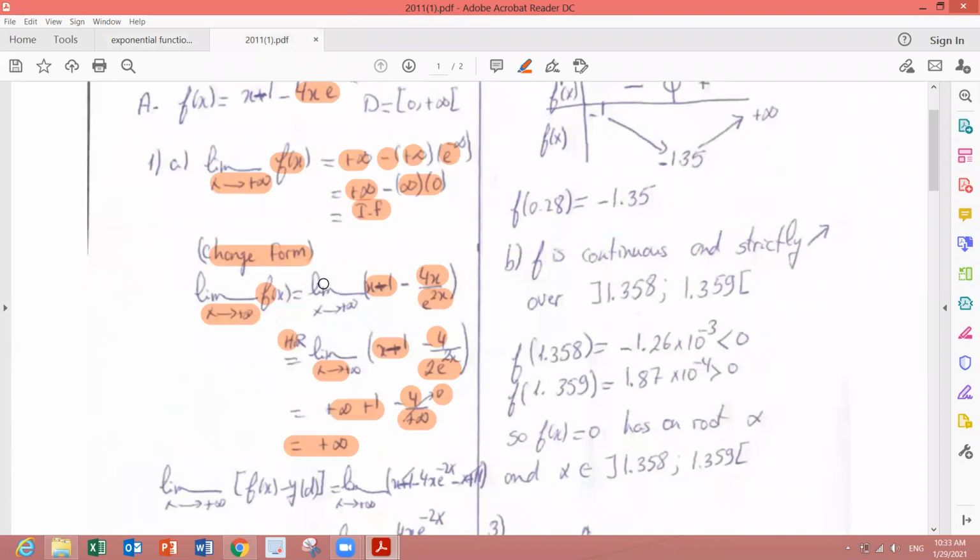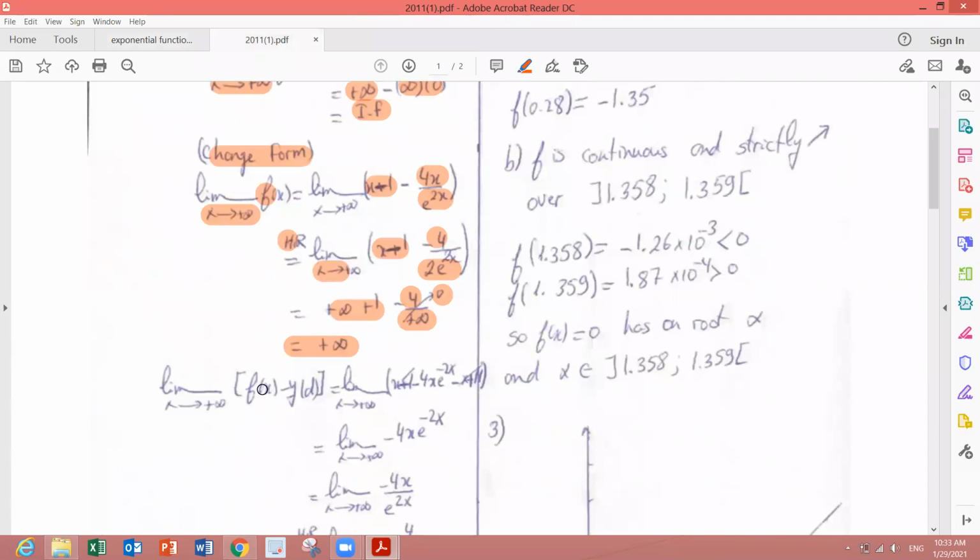So limit as x tends to plus infinity لل f(x) minus y_D equal limit as x tends to plus infinity x minus 1 minus 4x e power minus 2x minus x plus 1.